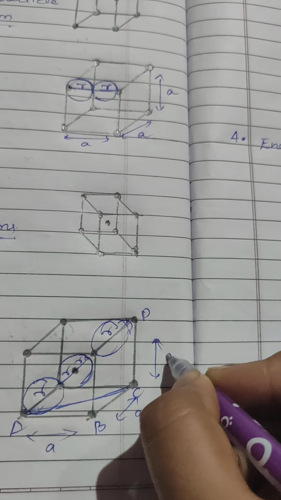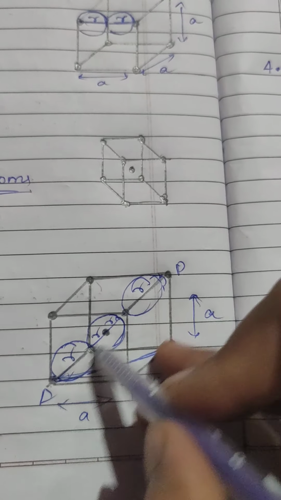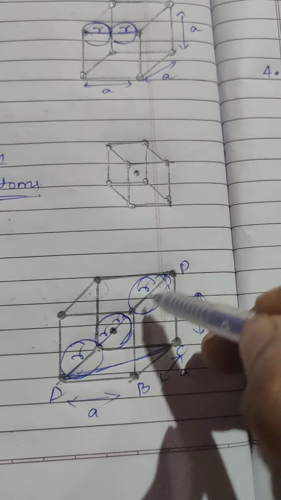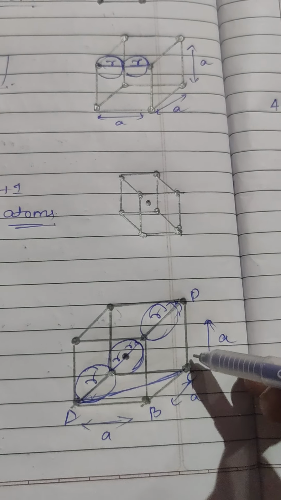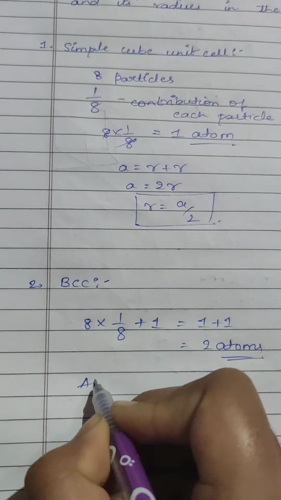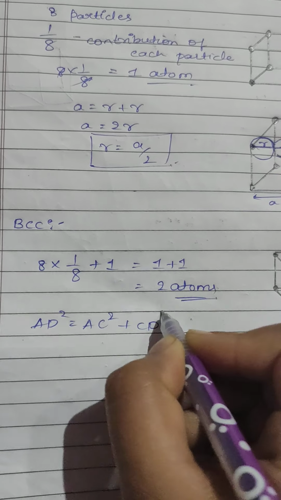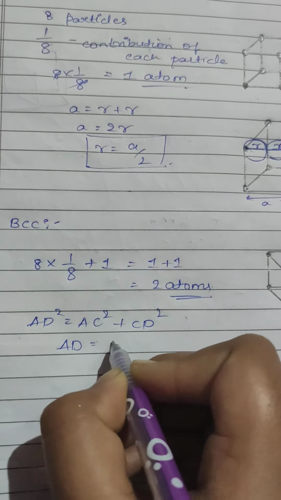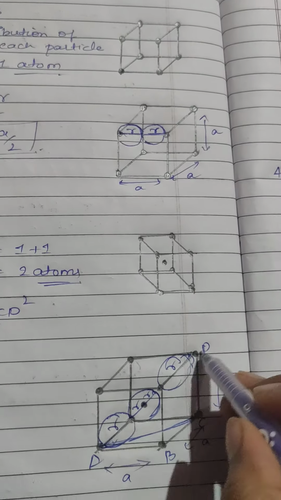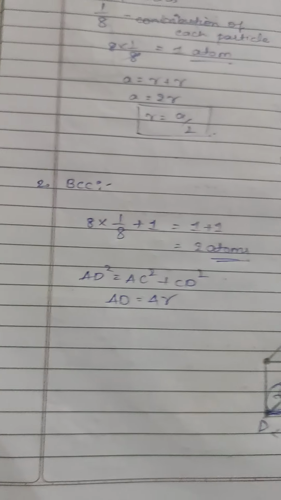According to Pythagoras theorem, you can take AD square is equal to AC square plus CD square. AD will be equal to 4R. See here, AD, R plus R plus R plus R will be equal to 4R.